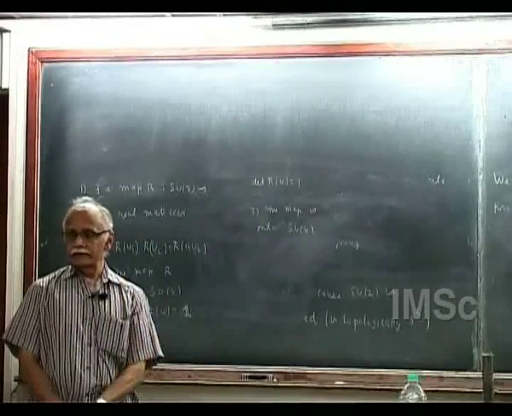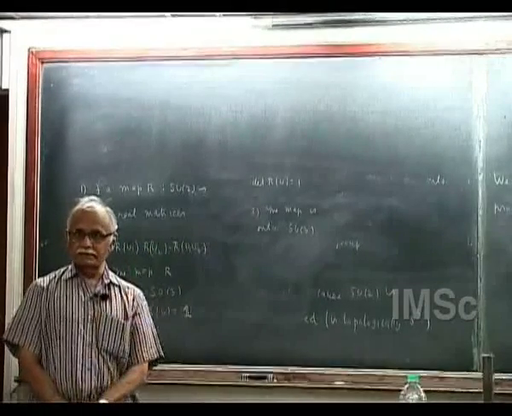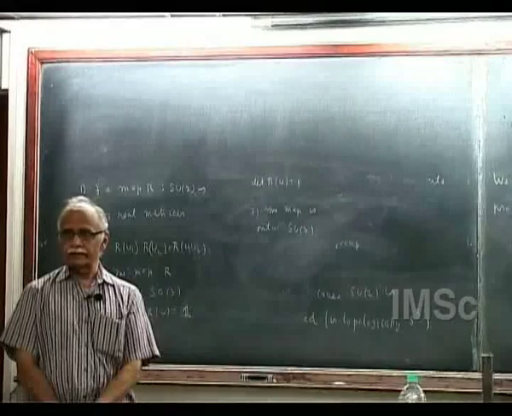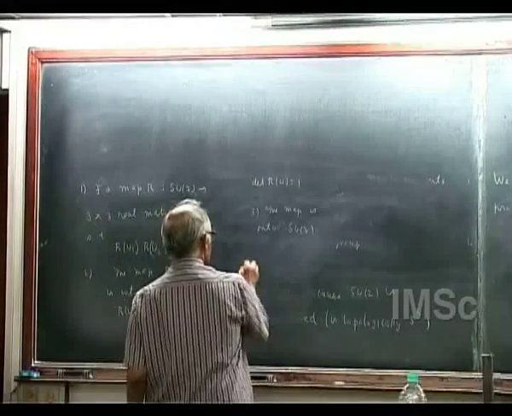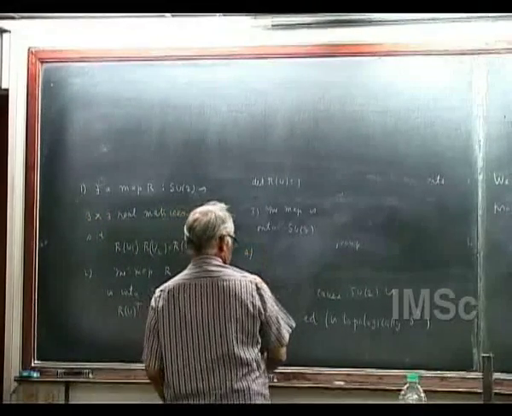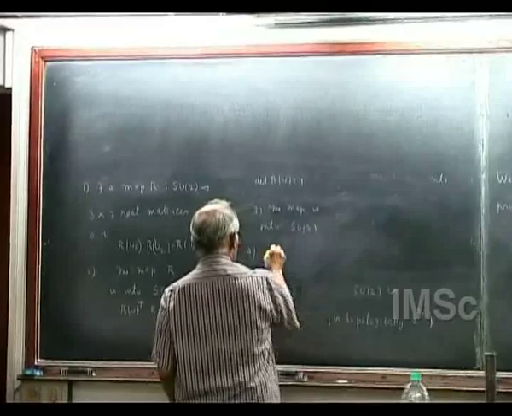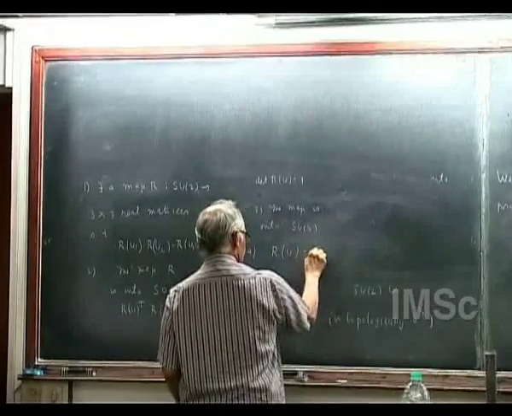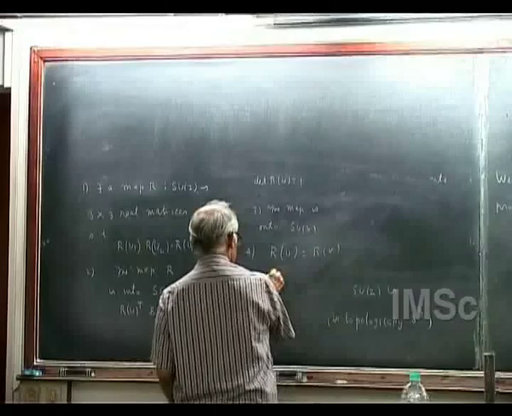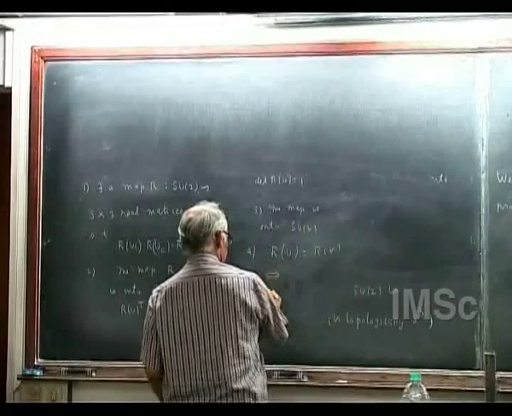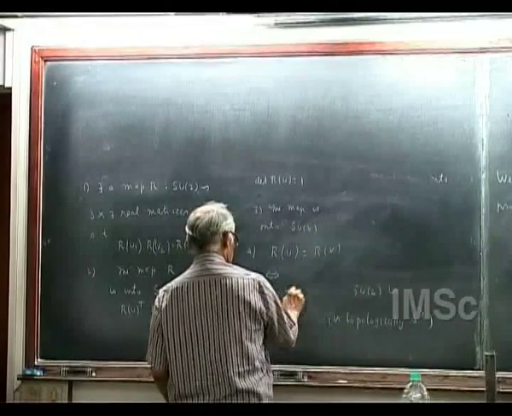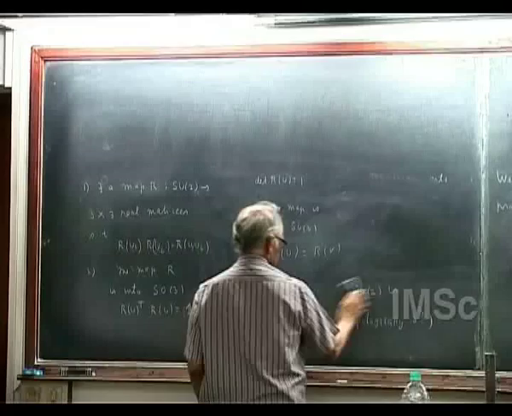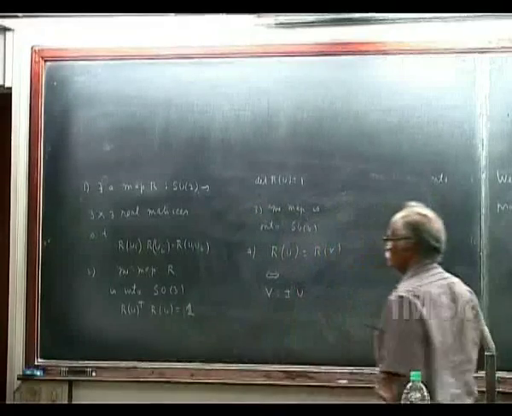So we will not be bothered with topological issues for the moment. And finally, R of u equals R of v if and only if v is plus or minus u.